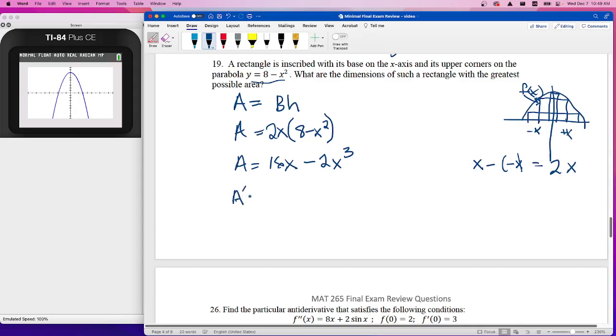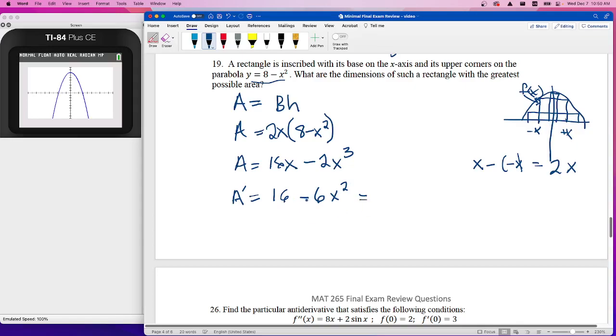The derivative of 16x is 16. For the derivative of negative 2x to the third, the 3 comes down, and we get negative 6x squared. We set this equal to 0 because that will give us either a maximum or minimum.